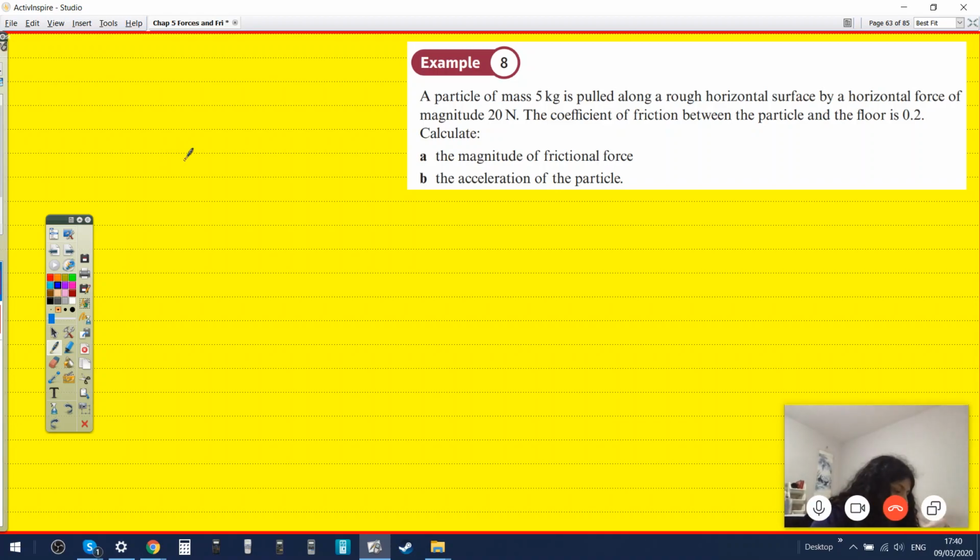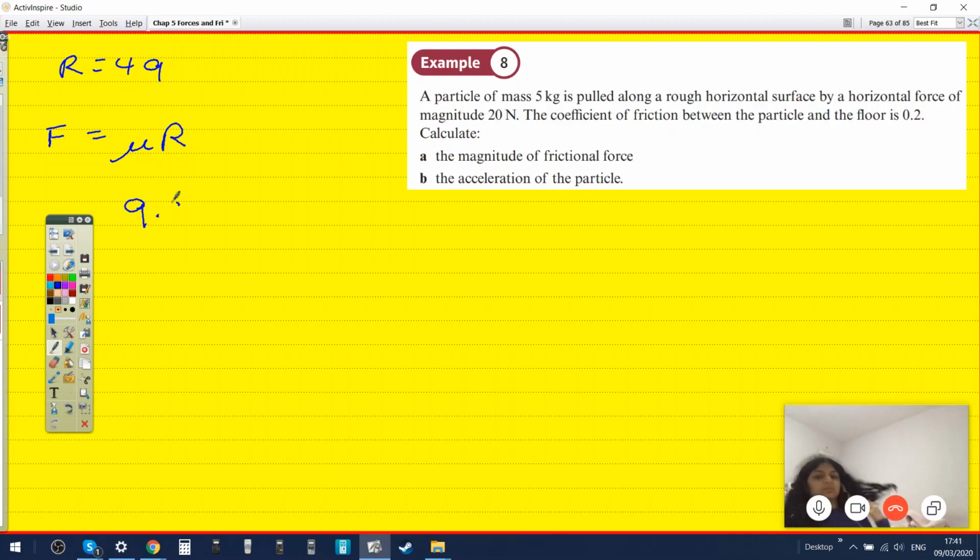So I got R is 49 newtons. And since you know that the particle is moving, that means that F is equal to mu R. It's equal to 0.2 times 49, which is 9.8 newtons. The acceleration: 20 minus 9.8 is equal to 5a.